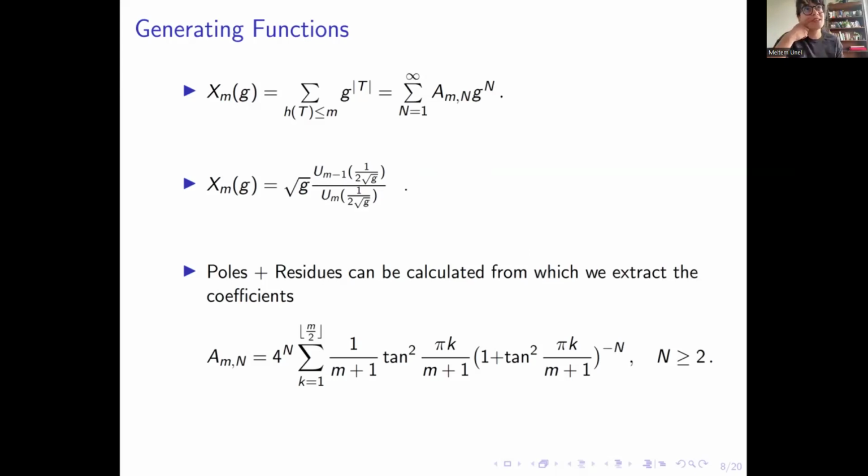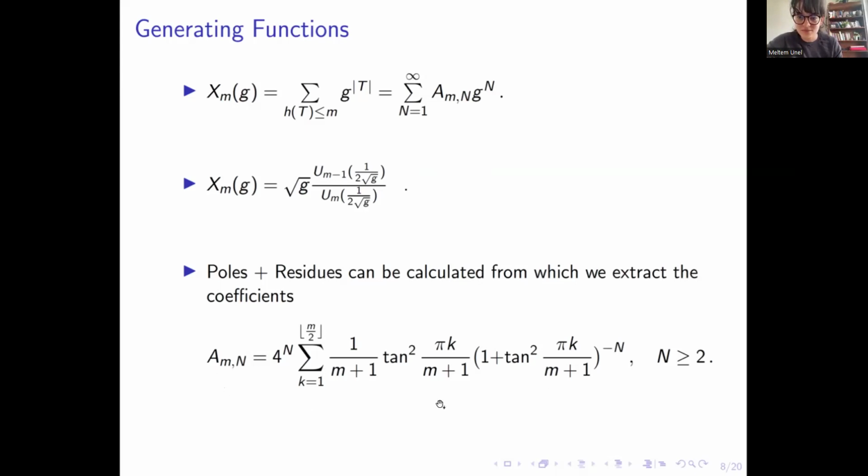I think they have floor of m over 2 poles, taking the integer part. Then the coefficients a_{m,n} can be calculated from the critical behavior of these functions. I didn't give any details here because they are just calculations for the residues. Is it okay up until now?